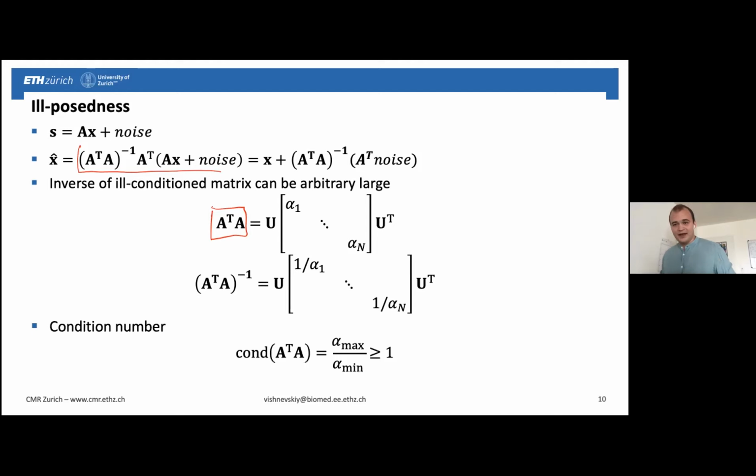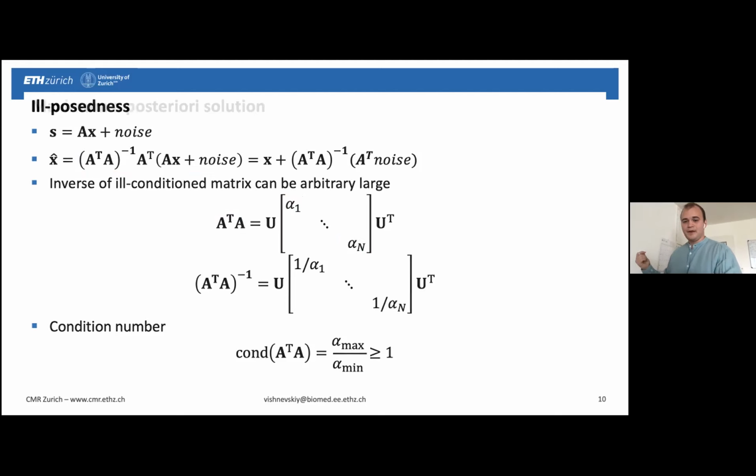If one of the eigenvalues gets too small, then you basically multiply the noise by a very large number because you take 1 over the eigenvalue. Therefore, the measure to characterize the ill conditioning of the matrix is the ratio between the largest eigenvalue and the smallest eigenvalue. So to deal with that, we introduce regularization.